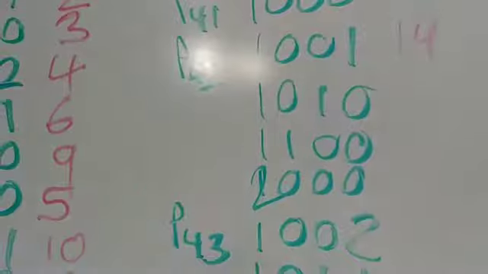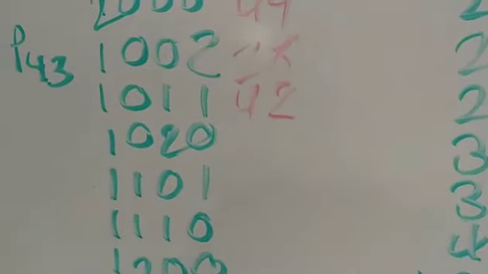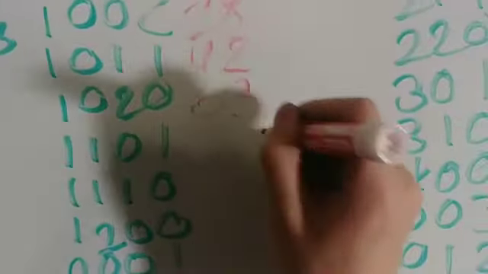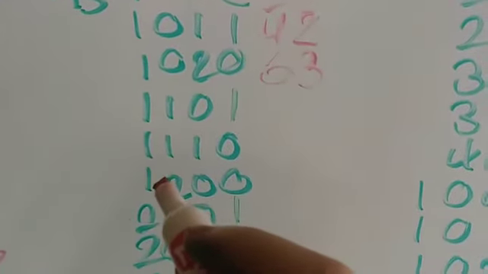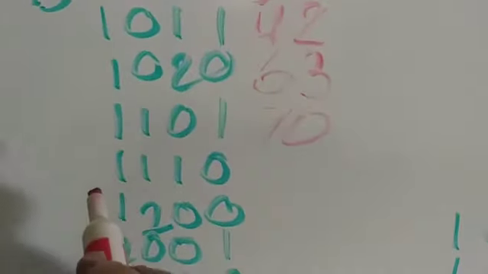7. 7 times 2 is 14. 7 times 3 is 21. 7 times 5 is 35. 7 times 7 is 49. 7 times 4 is 28. 7 times 3 is 21, times 2 is 42. 7 times 9 is 63. 7 times 5 is 35, times 2 is 70. 7 times 5 is 35, times 3 is 105.